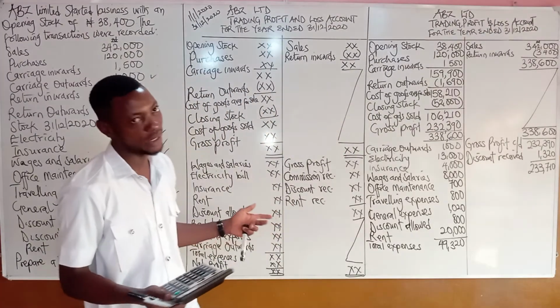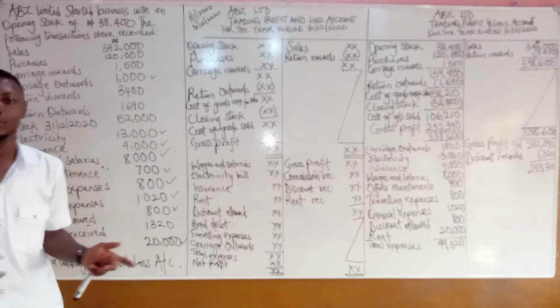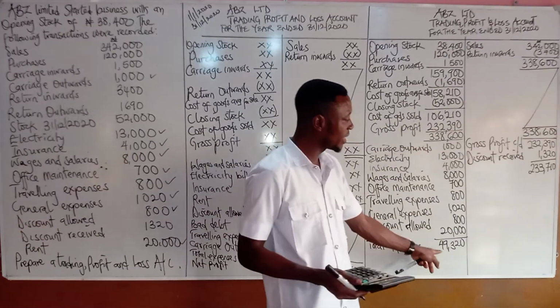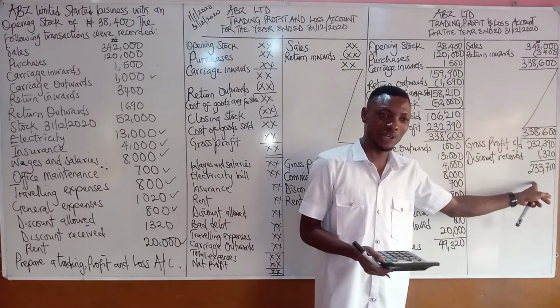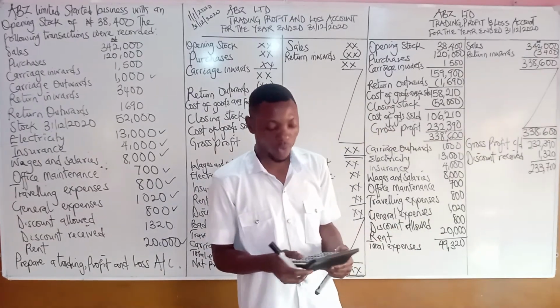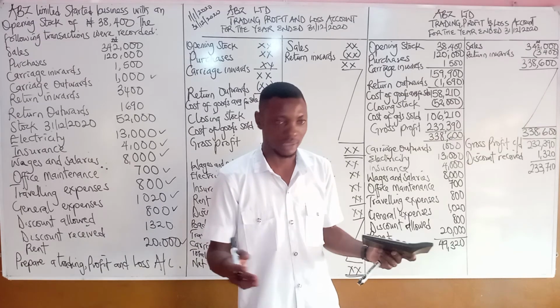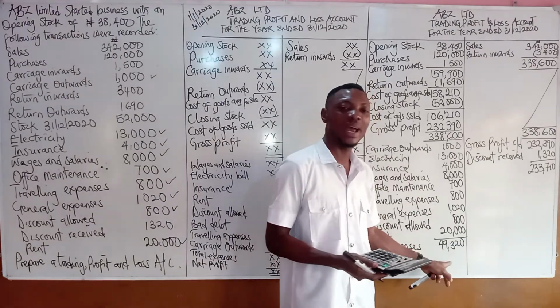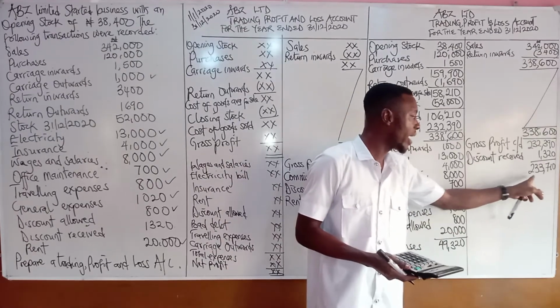I'll give you a second to guess. Yes, I know you've gotten it. Because our expenses is less than our income, it means we made what? We made net profit. Now, how do we ascertain our net profit? By subtracting our expenses from our income.